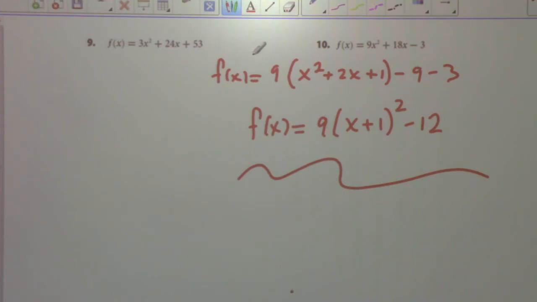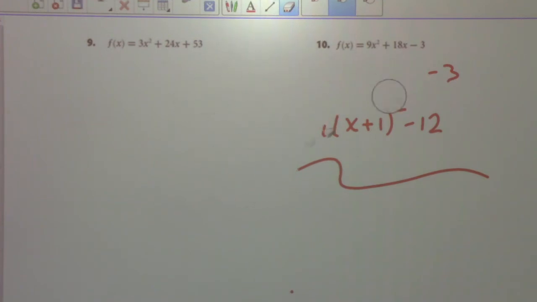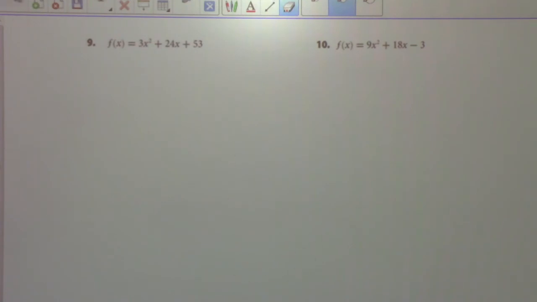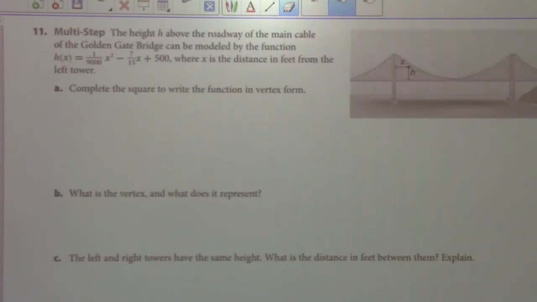Now we come to problem 11, which is different than the others in a few respects. Does number 11 look harder than numbers 7 through 10? Yes, because we have to read. What makes it harder?